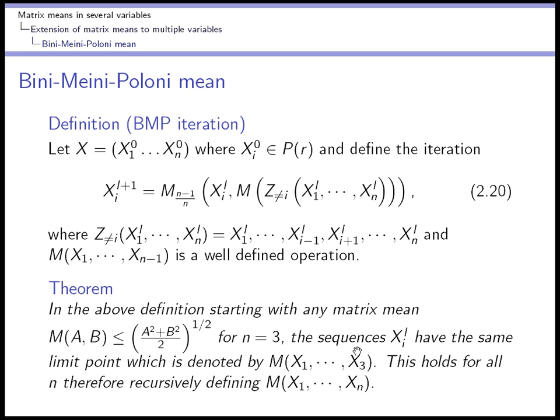Now, for these weighted means, we can define the Bini-Meini-Poloni mean. Actually, this mean is also defined with an iterative procedure. Here again, we take this operator, which leaves out the ith term of the n-tuple.